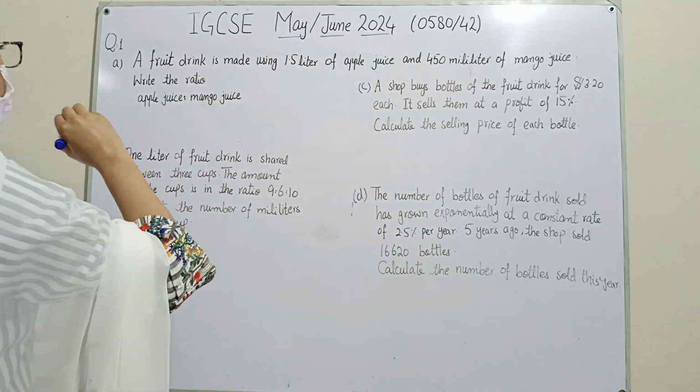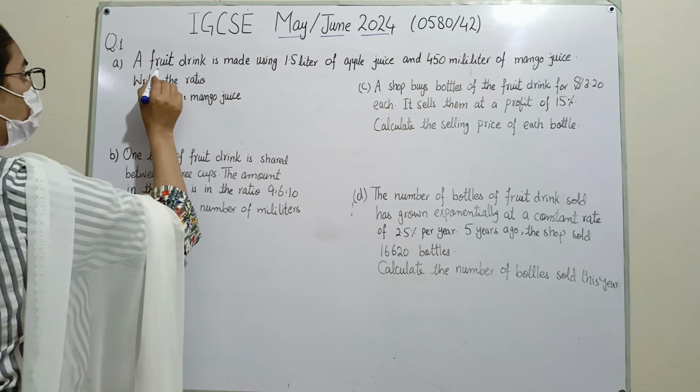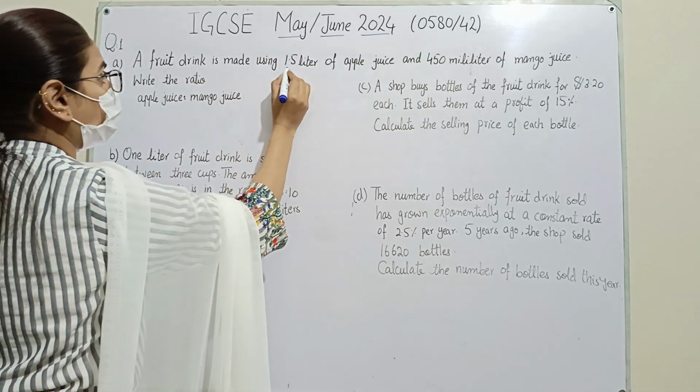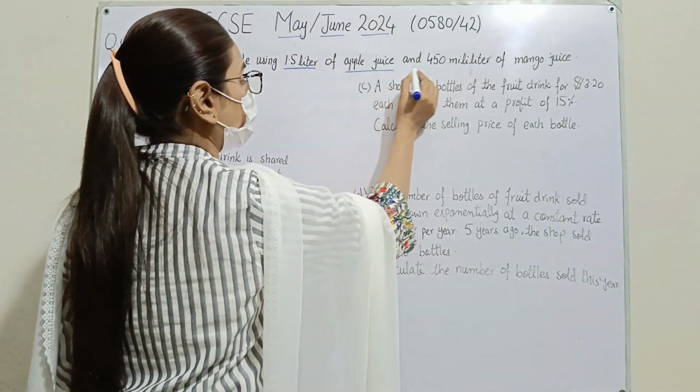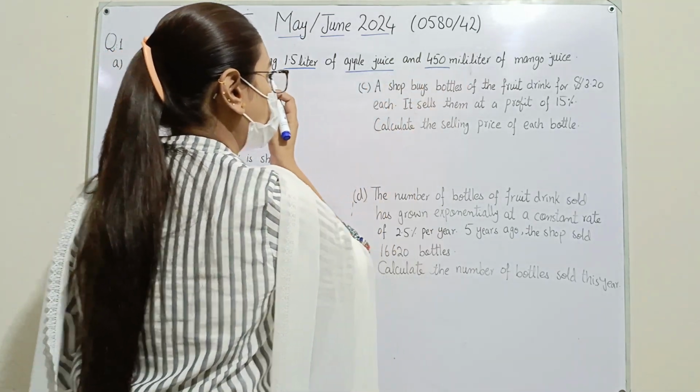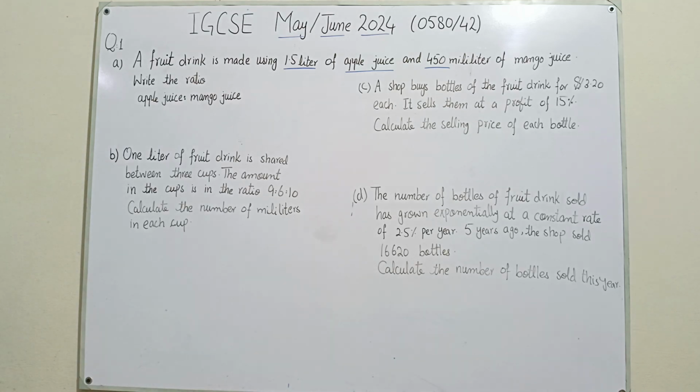In the first question, the examiner says a fruit drink is made up of 1.5 liters of apple juice and 450 milliliters of mango juice.